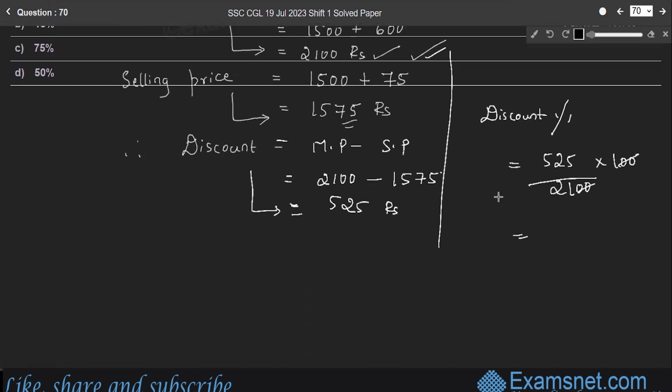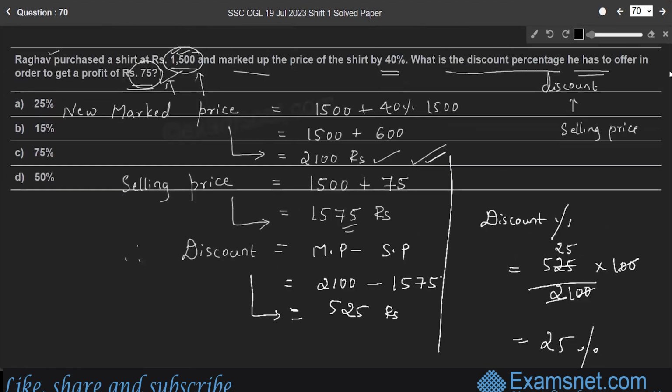So two zeros will get cancelled. 21 into 2, 21 into 5. So 25% discount will be given on the shirt. So in order to get 75 rupees profit, he is going to give 25% discount on the shirt. Therefore, option A is the right answer.